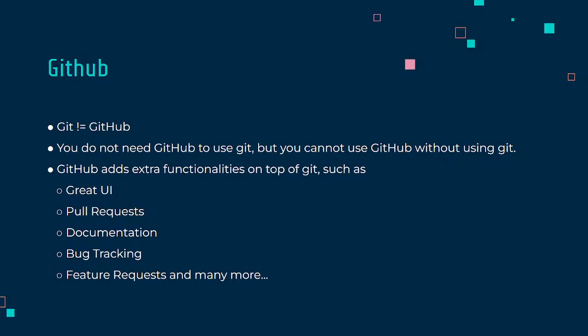You do not need GitHub to use Git, but you cannot use GitHub without using Git. The other extra functionalities on top of Git which GitHub has added are a great user interface, pull requests, documentation for software or projects or code, bug tracking, feature requests, and many more things.